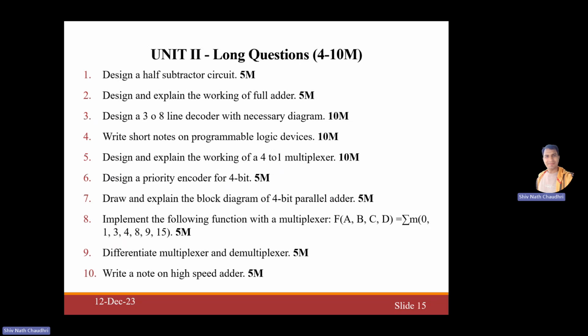We have discussed many adders, but the high speed adder is the carry look ahead adder, because in it the propagation delay is reduced very much. Because we reduce the propagation delay using the carry look ahead adder, it is the high speed adder. So in the 10th question, the carry look ahead adder is asked indirectly.